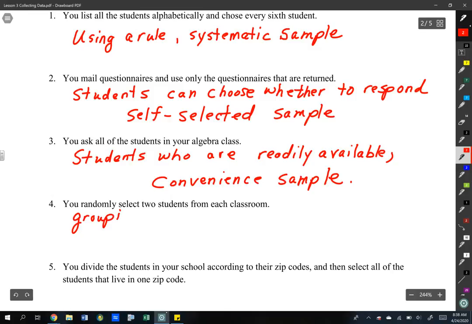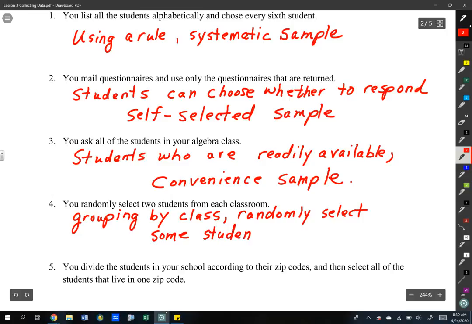We're grouping by class, and then we're randomly selecting some of the students. Not all of them, just some of them. That would make this a stratified sample.